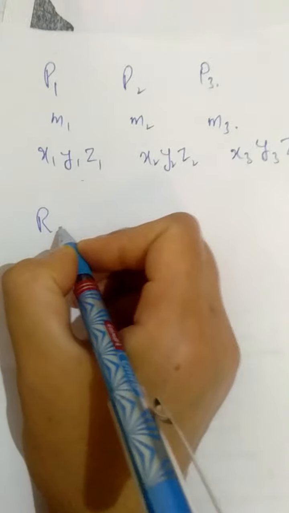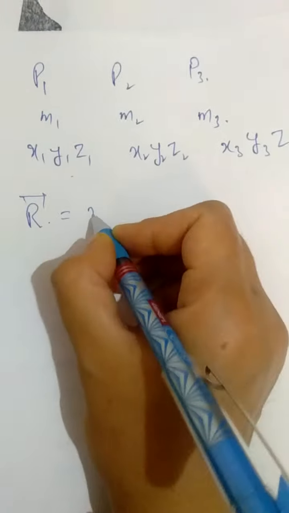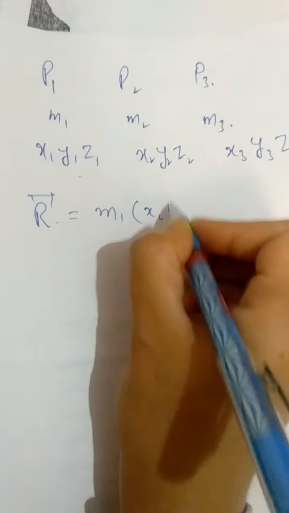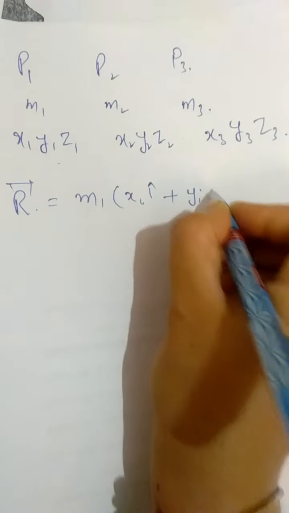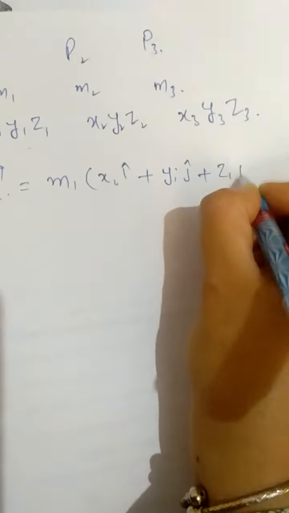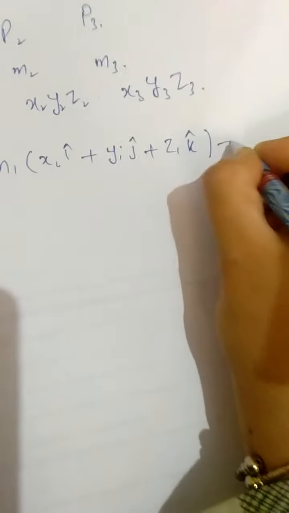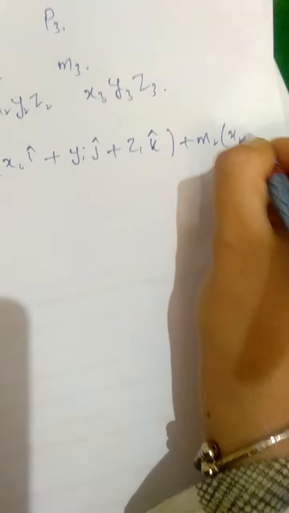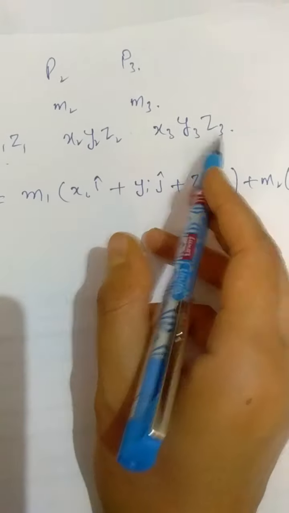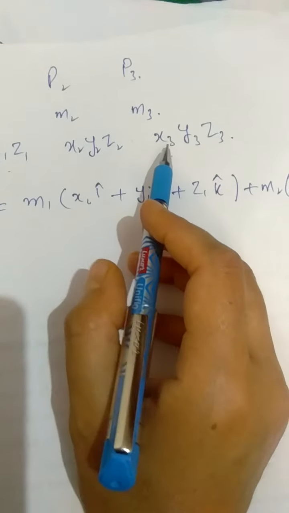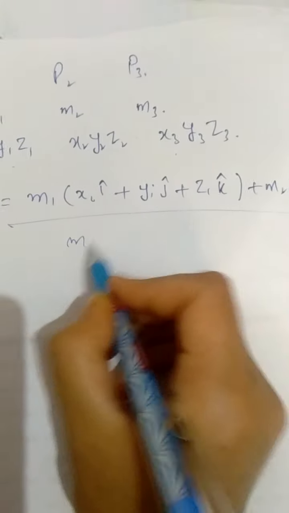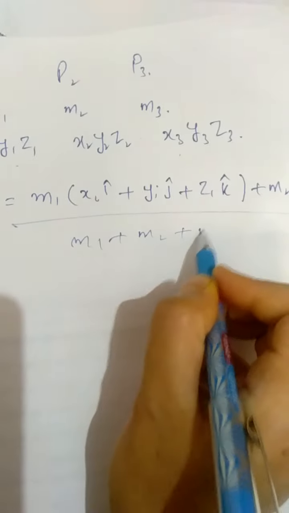You can write it in this manner: m1 times (x1 I plus y1 j plus z1 k), plus m2 times (x2 I plus y2 j plus z2 k), plus m3 times (x3 I plus y3 j plus z3 k), divided by m1 plus m2 plus m3.